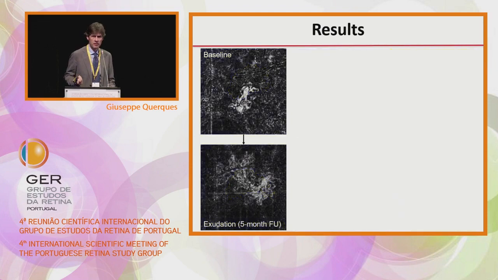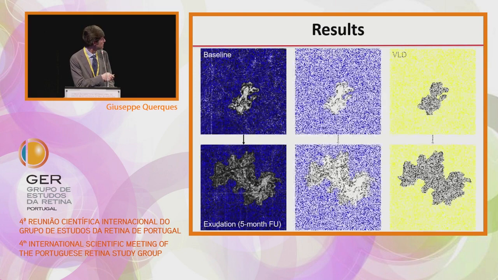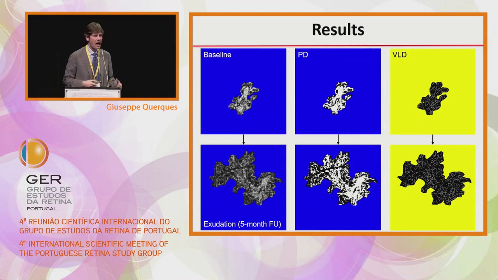Well, when we look at group 2, the one that is showing exudation early, the vessels are highly packed. Perfusion density is much higher, and also during growth. So this is a demonstration that these are not mature vessels.